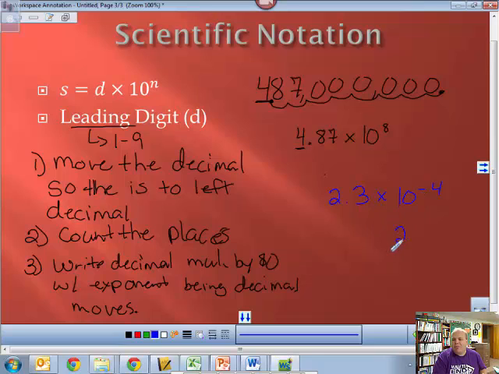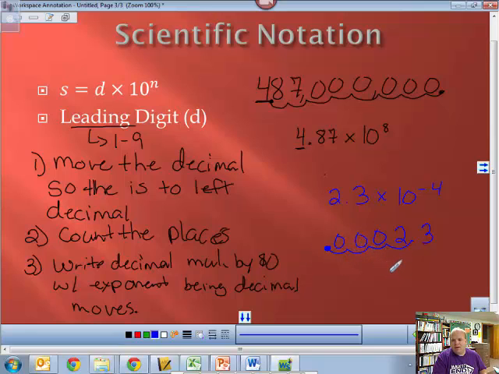So I have 2.3. I'm going to just go through the opposite of what I was doing here, where I was counting the decimals. Now I'm going to move my decimal 4 places to the left because I'm going smaller. 1, 2, 3, 4. My decimals are right here, and I fill that in with zeros.